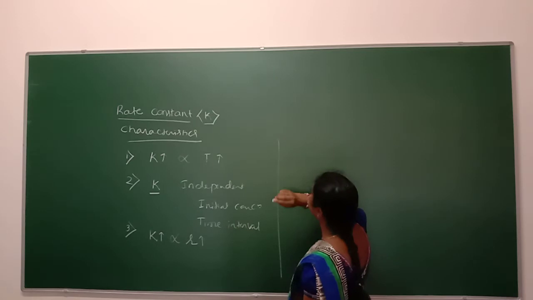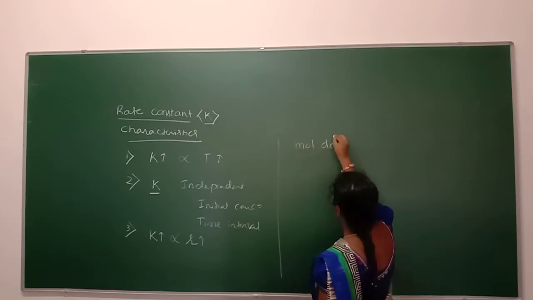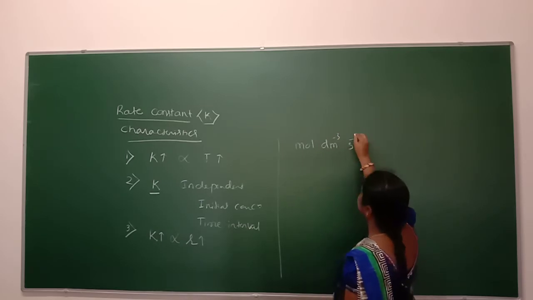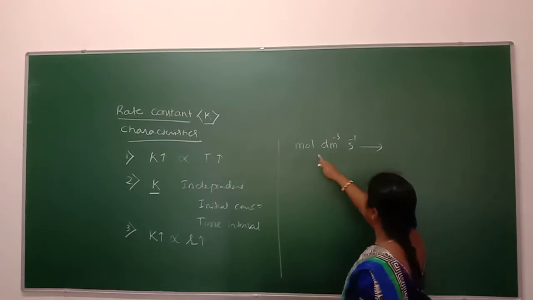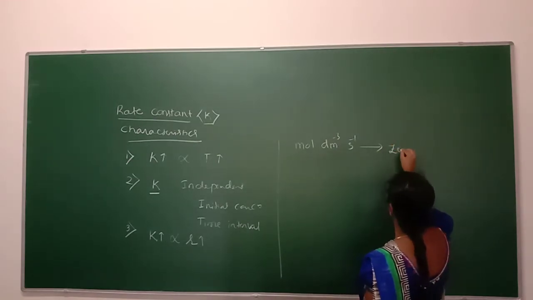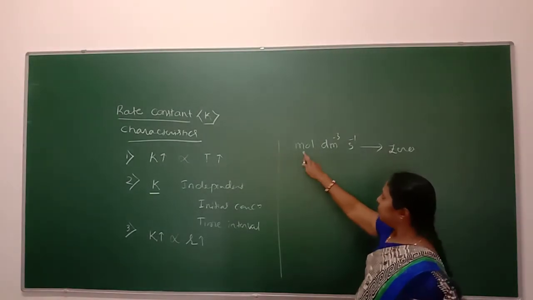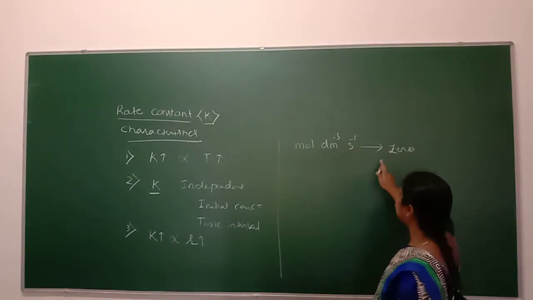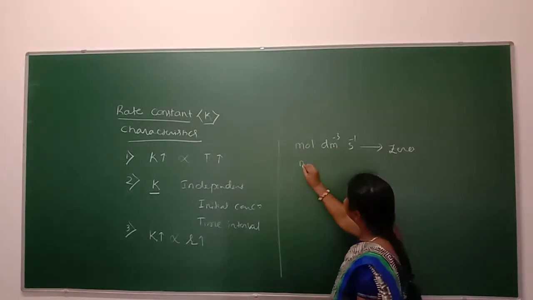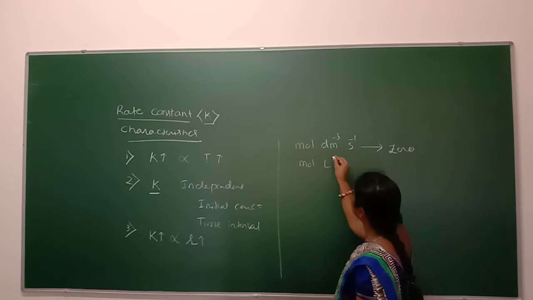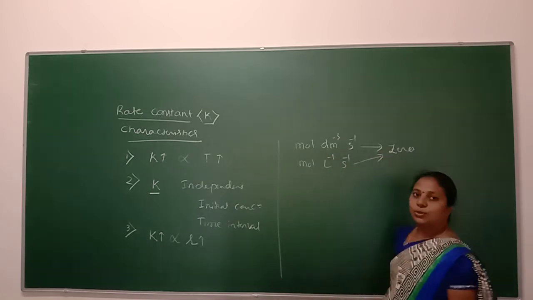So if the unit of rate constant is found to be mole per dm cube per second, then the reaction is of zero order. We can also take it as mole per liter per second. So it is nothing but a zero order reaction.